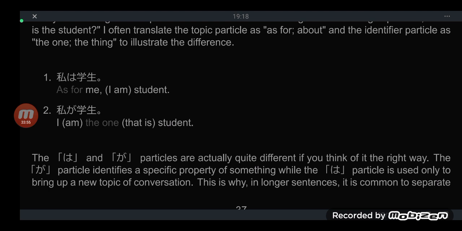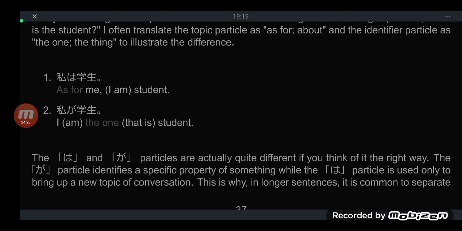Indeed, it describes a subject. Then the mo particle, an inclusion particle, functions like a wa, but it lets the listener understand that other than the first mentioned subject, there are also other candidates for the same predicate, the same description.